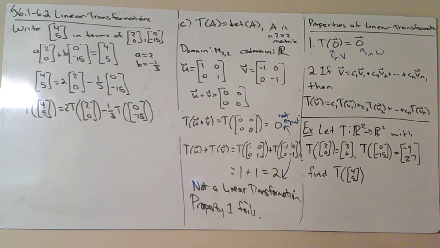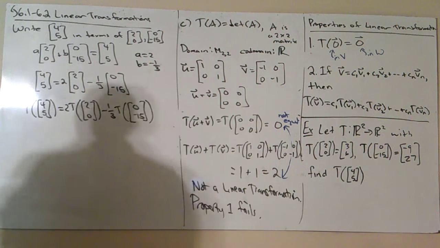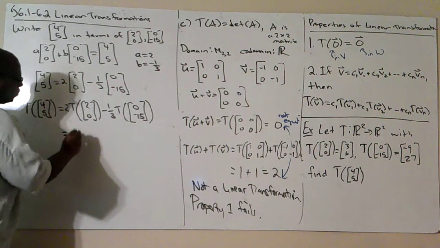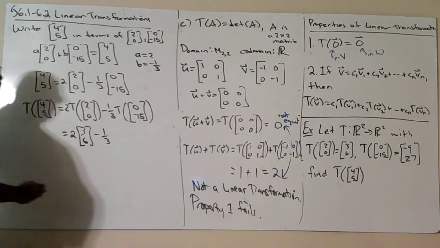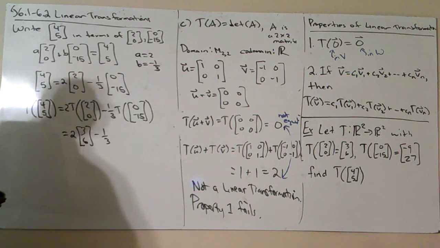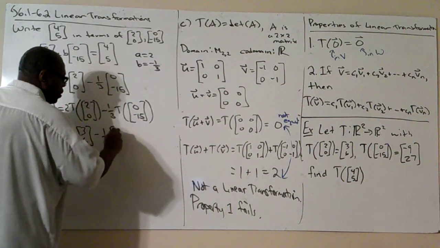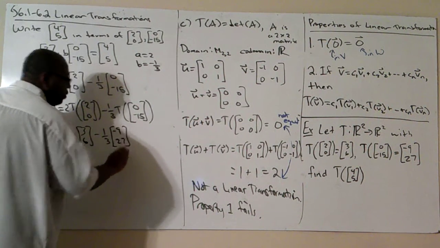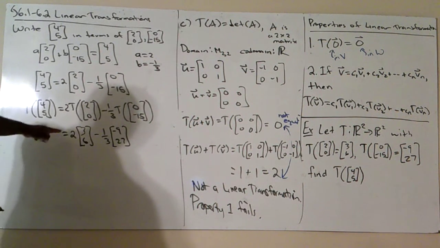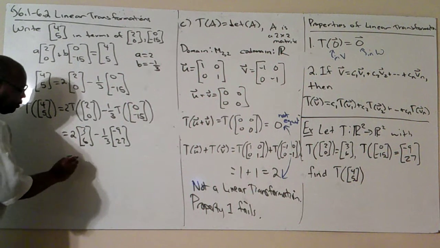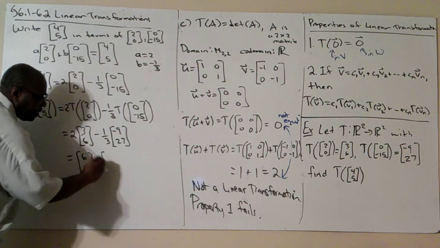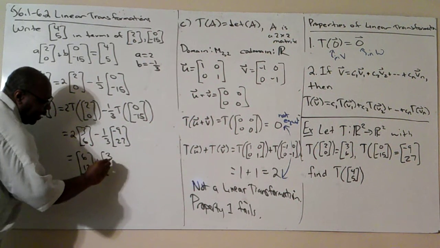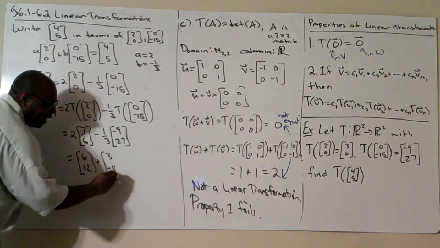What is T of (2, 0)? Well, we said that was (3, 6). What's T of (0, -15)? Well, we said that was (-9, 27), if I wrote that correctly. That gives me (6, 12) plus (3, -9).